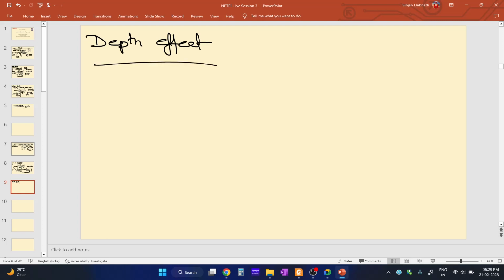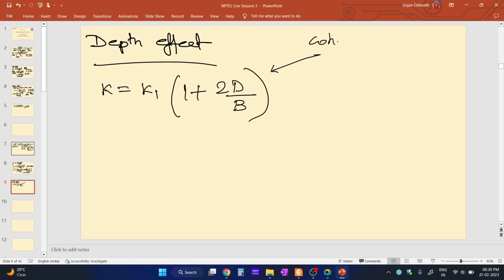So what is the formula for depth effect? It's K is equal to K1 times (1 plus 2 d by b). Now one thing we must keep in mind before using this depth effect: we must incorporate it only when there is cohesionless soil, that means sand or gravel, all those things.